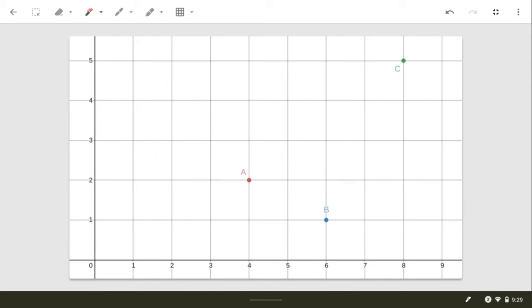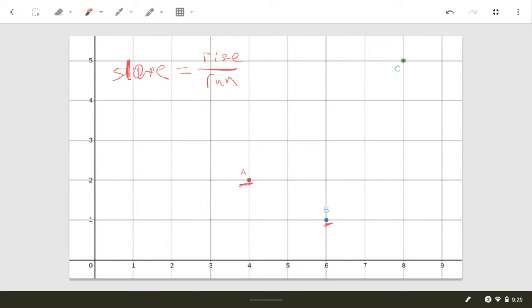So remember how I said that slope is a fraction? The top number of the fraction, they always call the rise. The bottom number, they call the run. The way I think of it is, you have 2 points. We'll do A and B, actually.